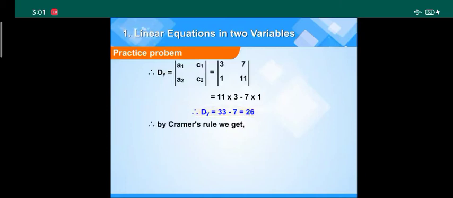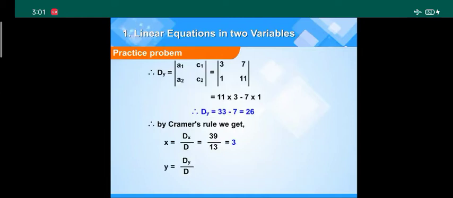Now, by Cramer's rule, we get x is equal to dx divided by d. Therefore, putting values, we get x is equal to 39 divided by 13, which is 3.